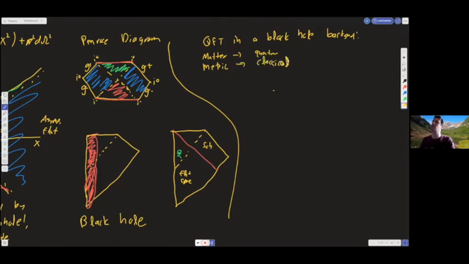That may sound like an inconsistent thing to do. How can some of the degrees of freedom be quantum and some of them be classical? But there is actually a limit where it makes sense. This is a limit where we take G Newton to 0, but we fix G times M, the Schwarzschild radius.